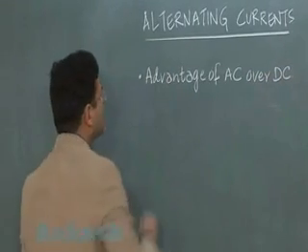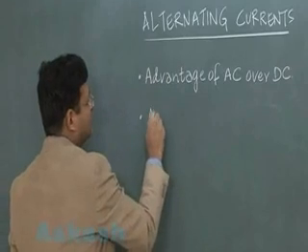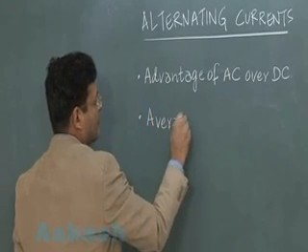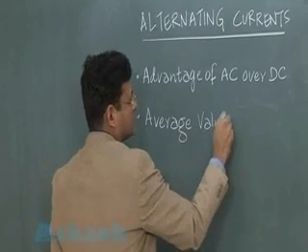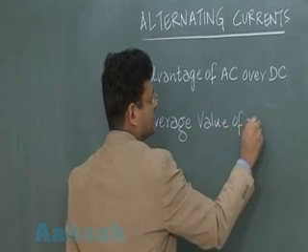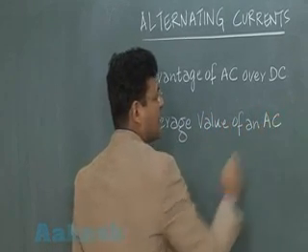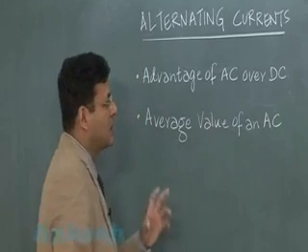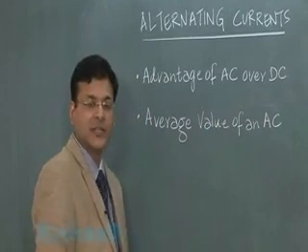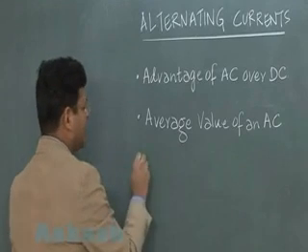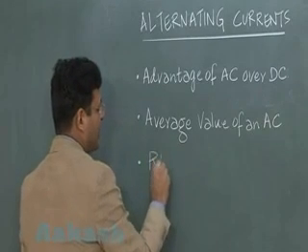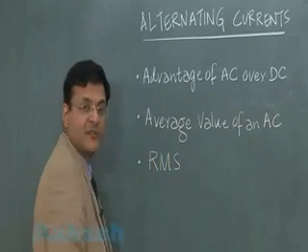We tried to see what is the meaning of average value of an AC, in which we saw that it can be like 2I0 by pi. Same way we express the average value of an EMF. Then we discussed what is the meaning of RMS value or root mean square value of an AC.